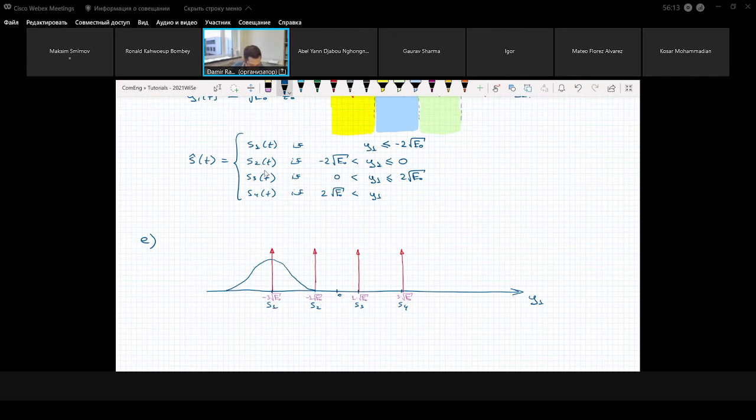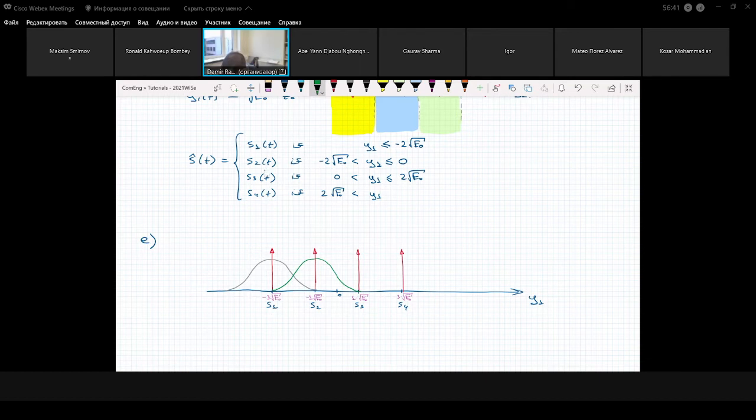Now I should choose different colors to make it more clear. So let me use maybe gray color. This is the range of voltages that we receive when we transmit signal S1. Then when we transmit signal S2, we have another range of voltages.